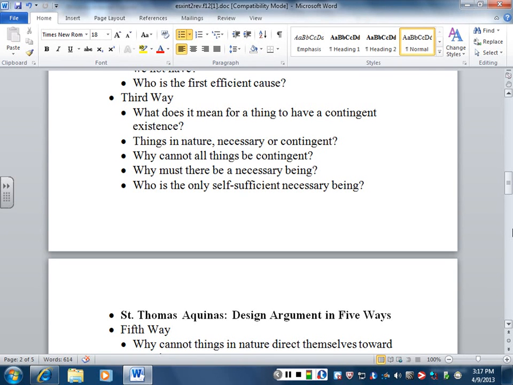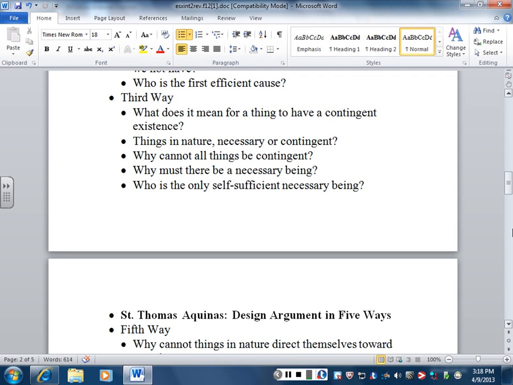Nothing absolutely had to exist. There's no rule or law built into the fabric of the universe that this stuff in this room had to exist in some way. So Aquinas says, well, what if everything were contingent? He'd say, well, then everything would have to have had a beginning of existence. That might mean that at some point nothing existed.